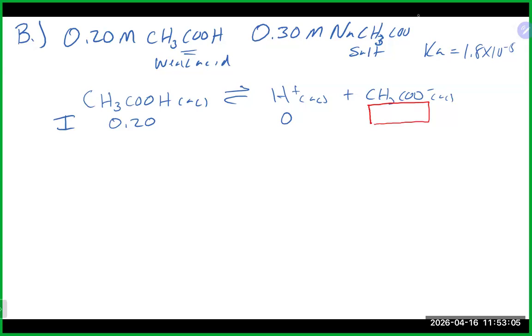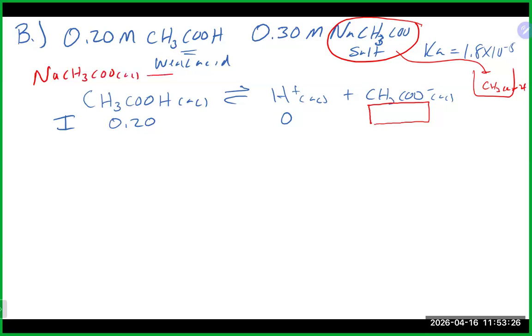It is not 0 because in this beaker, along with the acetic acid, is this guy: we have some sodium acetate that we put in there. Sodium acetate is a strong electrolyte, which means unlike acetic acid, it is not going to set up an equilibrium. It's just going to simply fall apart into its ions, sodium ion and acetate ion.